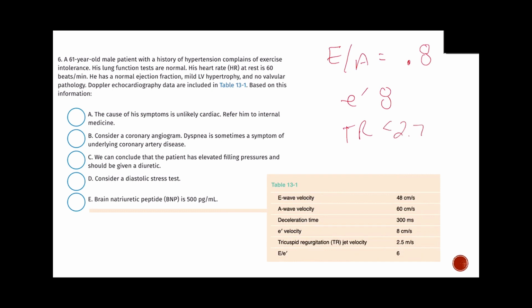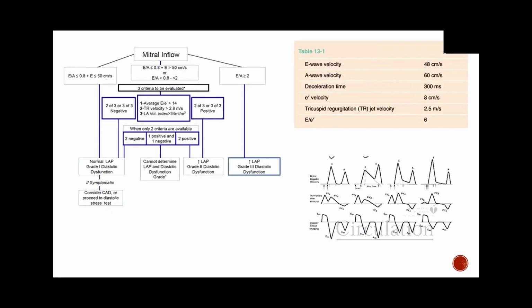And our E to E prime, which you could have done by putting 48 divided by 8, is equal to 6, okay? So this is actually an interesting question because the answer is technically considered diastolic stress testing, right? And I'll explain to you why.